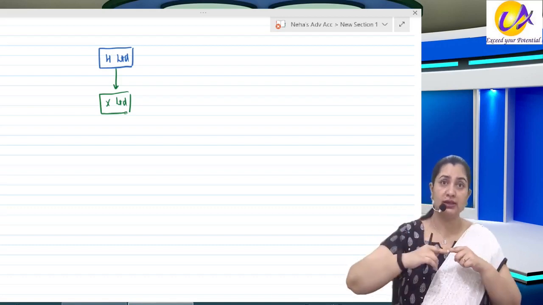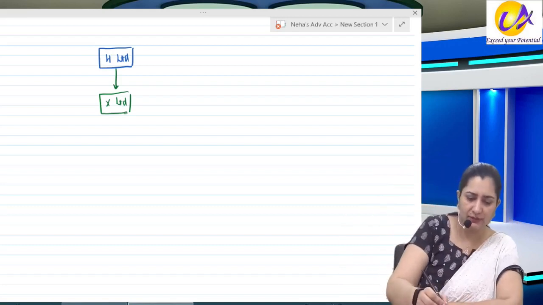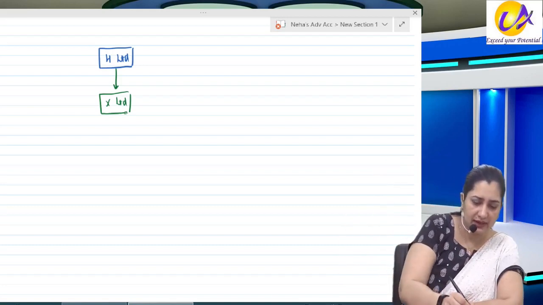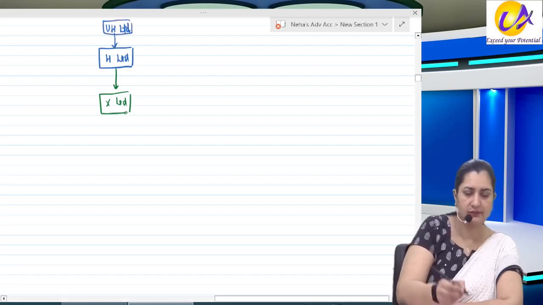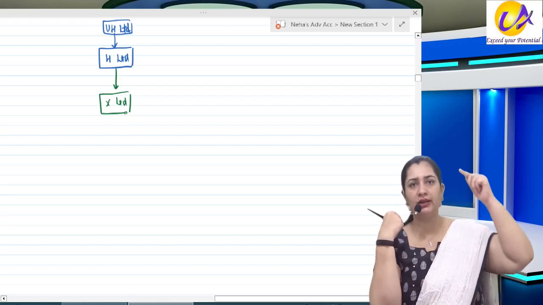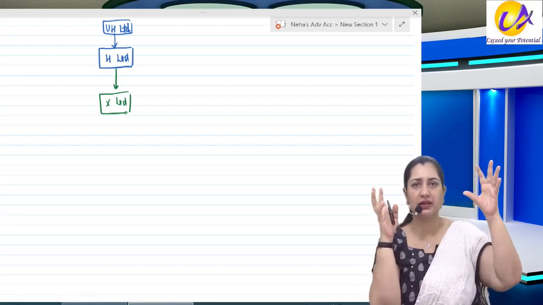Now suppose this holding company has one more holding company. Means H Limited, there is an ultimate holding company. We call it UH Limited. Means what? Ultimate holding company. So ultimate holding company is the main holding company. So for example, let's say Tata Sons.